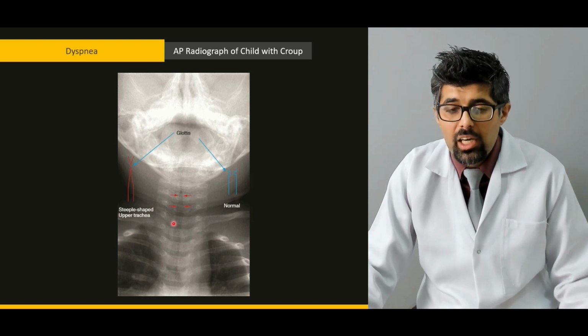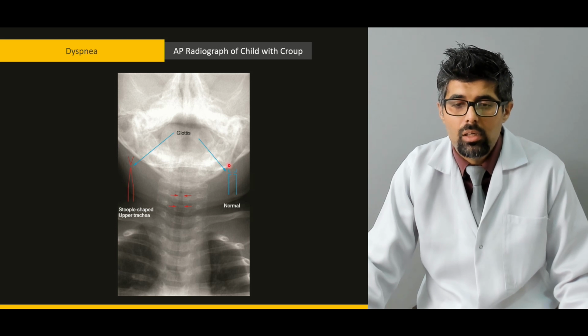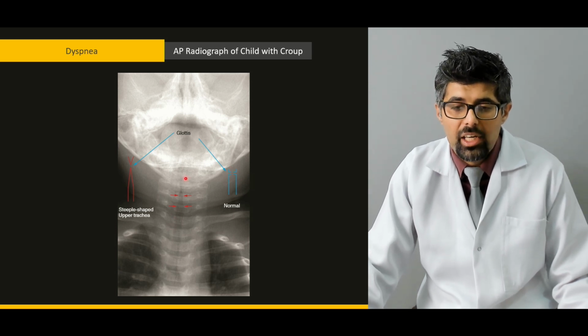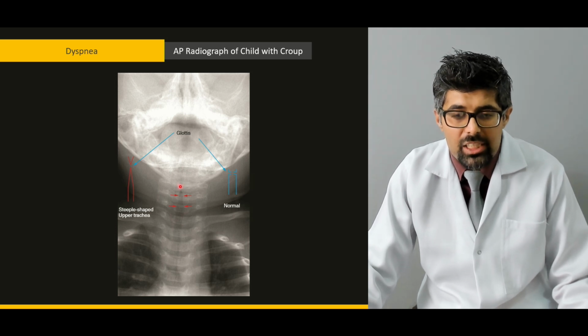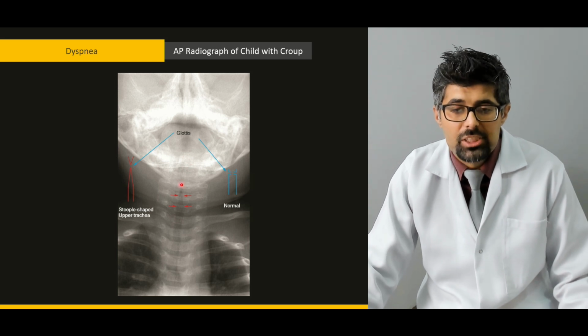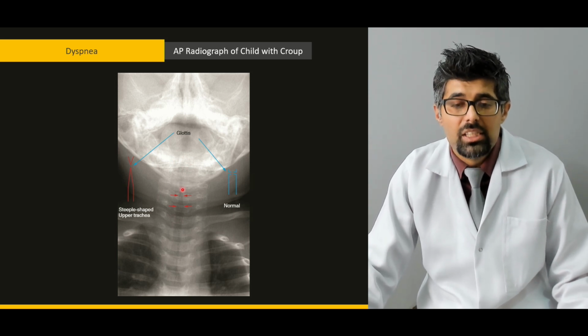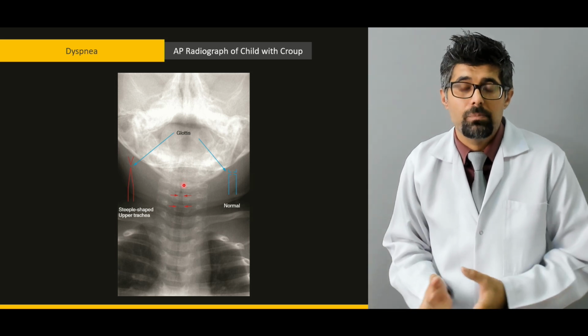A steeple sign replaces the normal shouldered-looking vocal cord area inside the trachea with conical shapes. These conical shapes, or steeples, are what is called a steeple sign, and this is very pathognomonic of croup in a child.